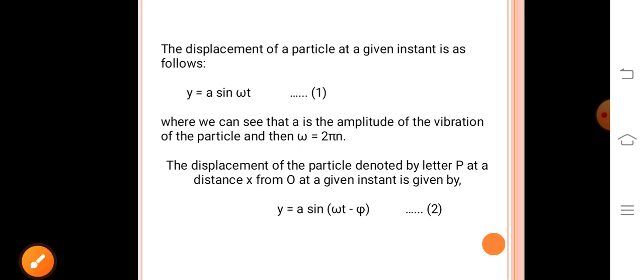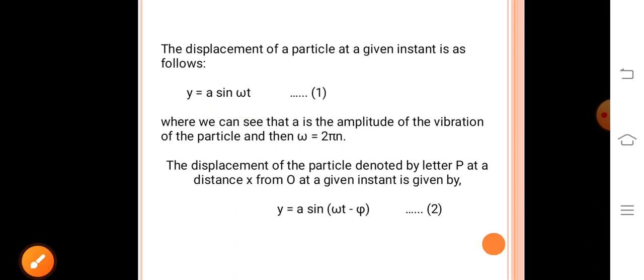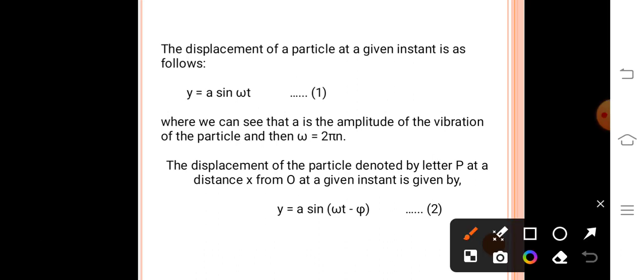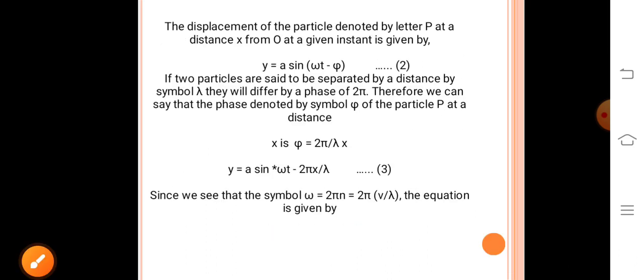Here a is the amplitude and omega is the angular frequency. The displacement of the particle denoted by the letter P, at distance x from O at a given instant, is y equals a sine (omega t minus phi). This is equation number 2.